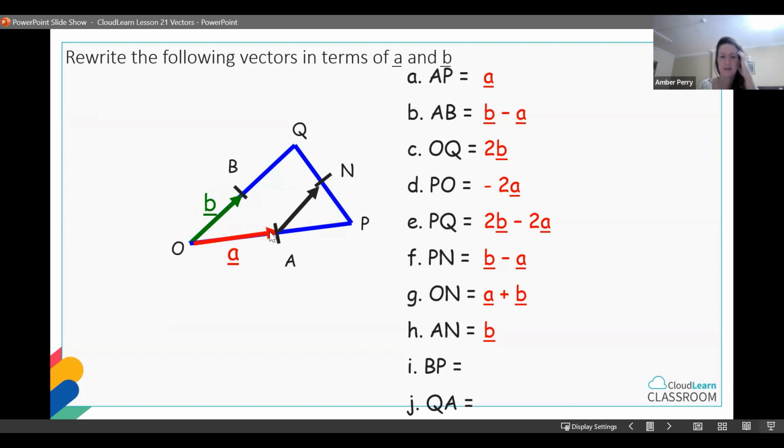Okay, we've simplified it. So BP, I'm going to let you have a go at. I'm going to ask you to pop in the chat for me when you've got an answer. And also QA. See if you can do those two for me. You might need to write some pathways down first. Hopefully you've got pen and paper.